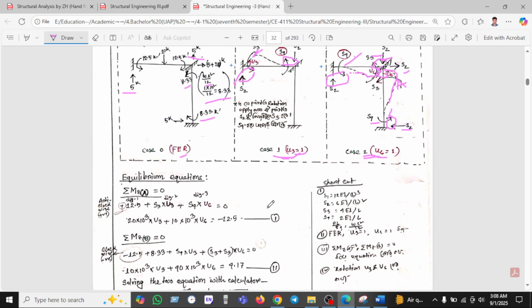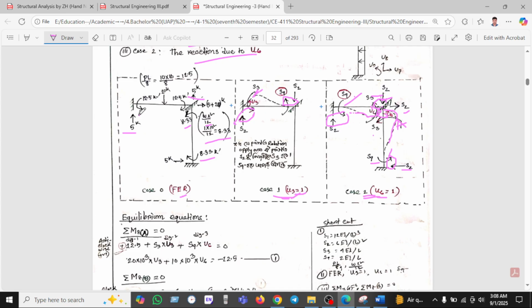Now we can calculate the moment at point A. This is point A. We take the diagram of fixed end moment, which will be found here: 12.5, this is the 12.5, and S3, this is S3 at this point, and U3. And S4, this is the point we are calculating, A point, that's why S4 into U6.